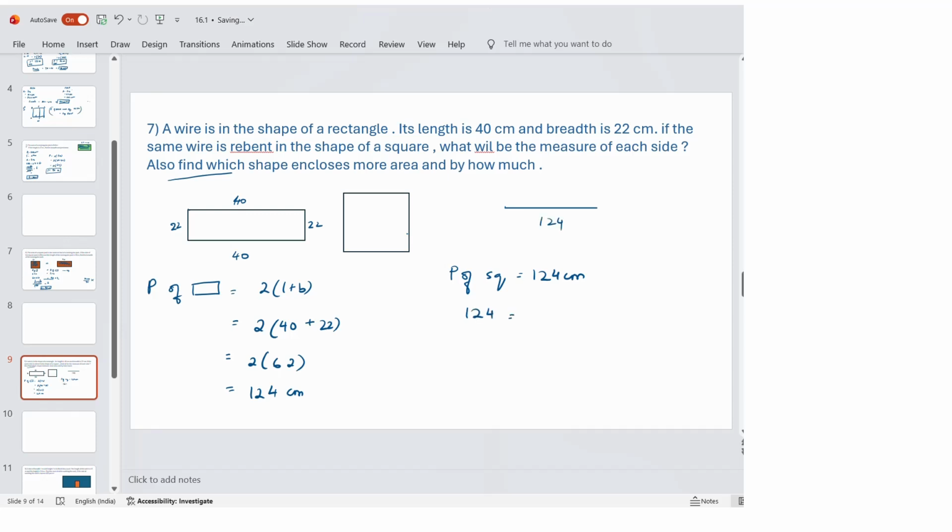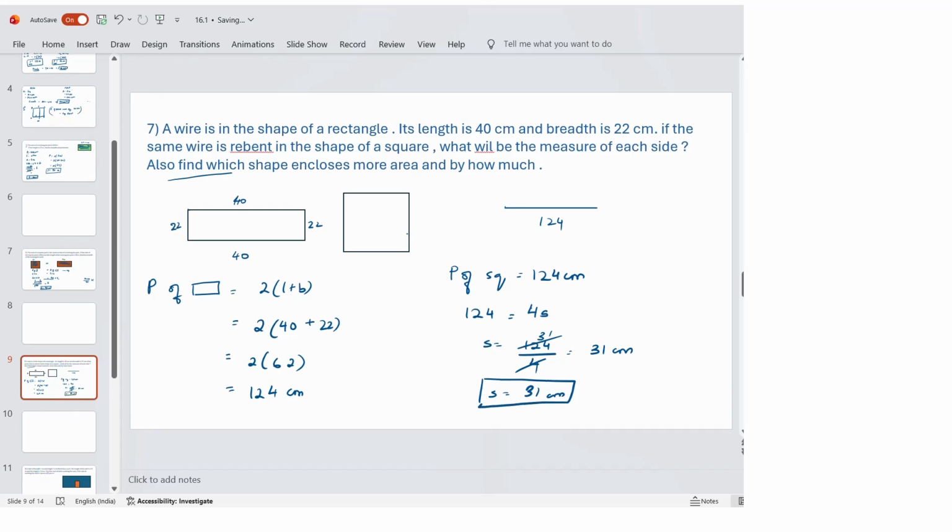So now you have 124 equals to 4s. So s equals to 124 by 4, 4 ones are, 4 threes are, and ones are. It's 31 centimeters. That's the side of your square, and you will box it.